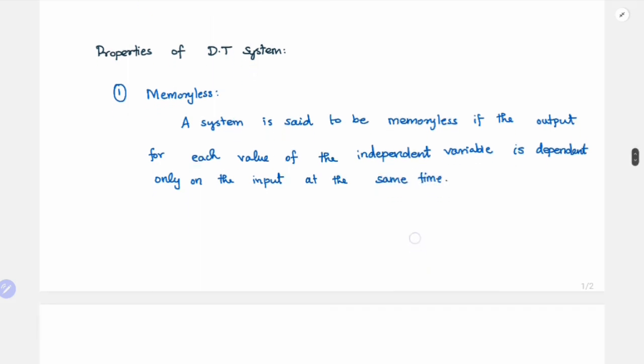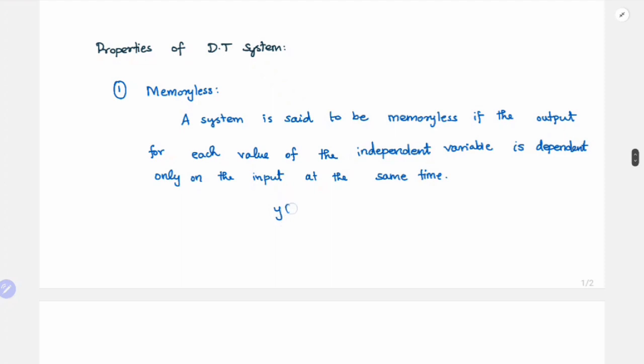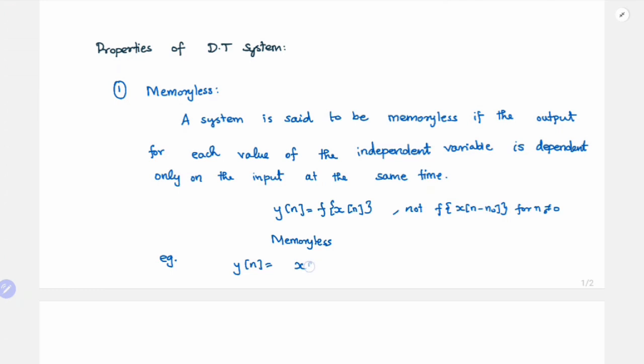Okay, so what it means is your y of n, if it is only a function of x of n and not a function of x of n minus n naught for n naught not equal to 0, in that case, we can say the system is memoryless. So you can have many examples.